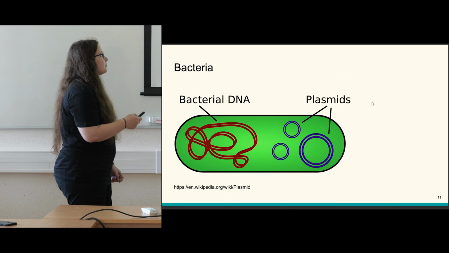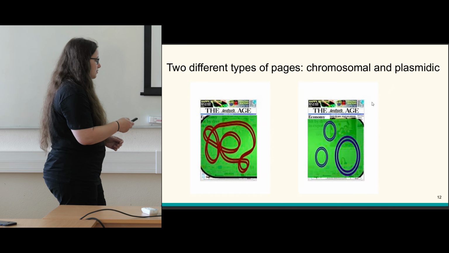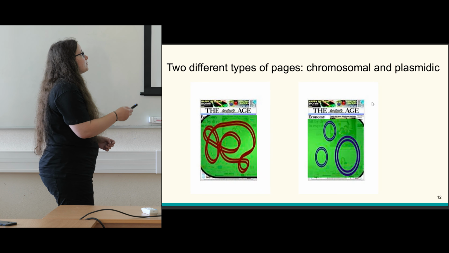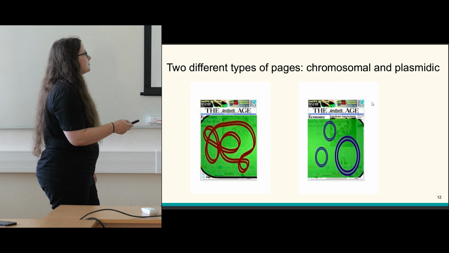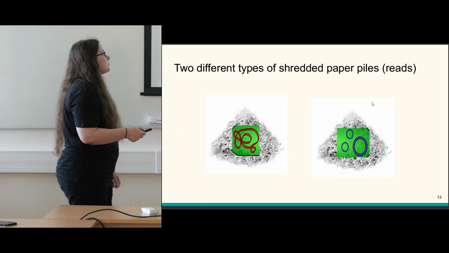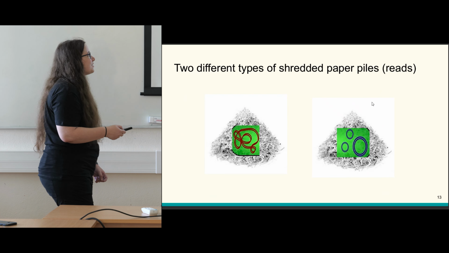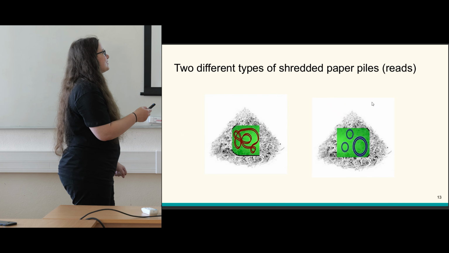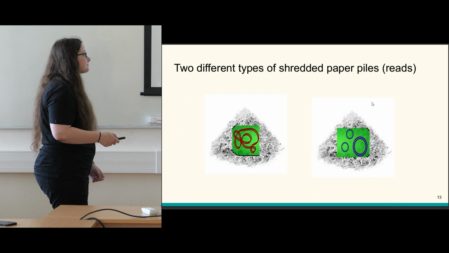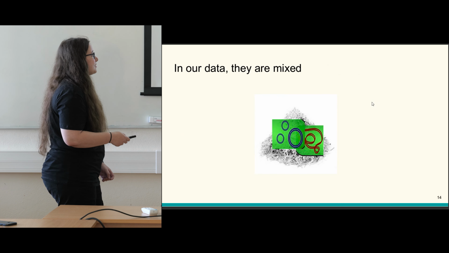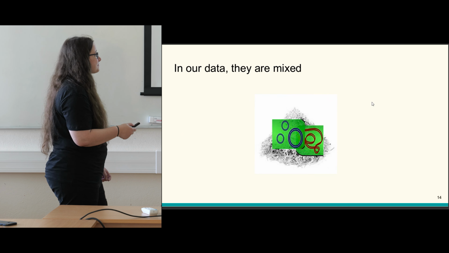And further, when we look back at our bacteria, we have two types of pages, one from chromosomal reads and one from plasmid reads. And therefore, we also have two types of shredded paper piles. So we have some reads that are chromosomal and some reads that are plasmidic. But unfortunately, in our data, they are mixed together.